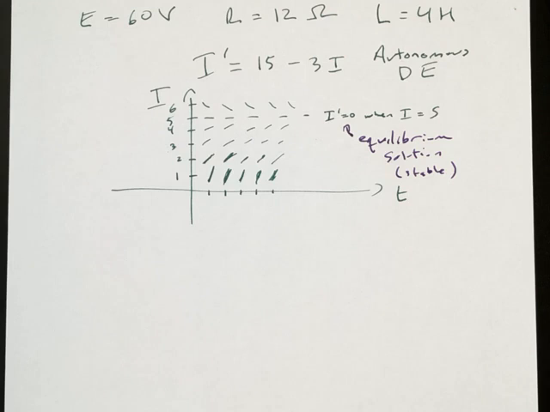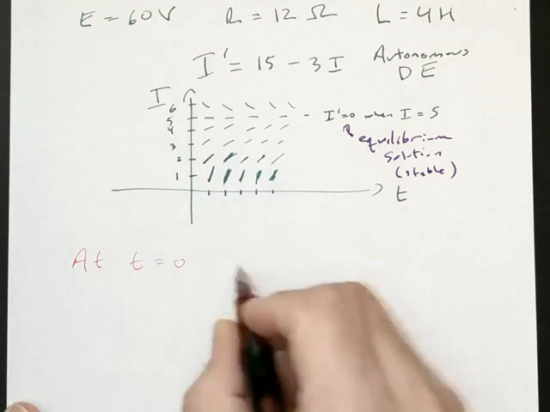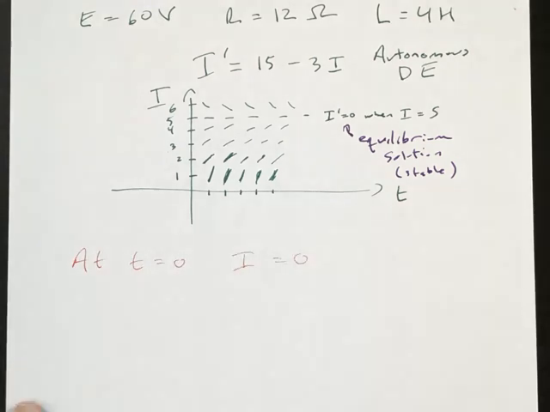Okay, at time 0, we know that the current is 0. I would like to know what the current is at time 1.